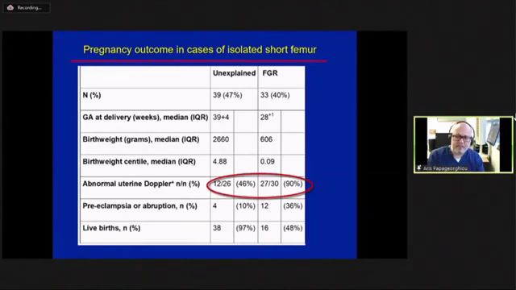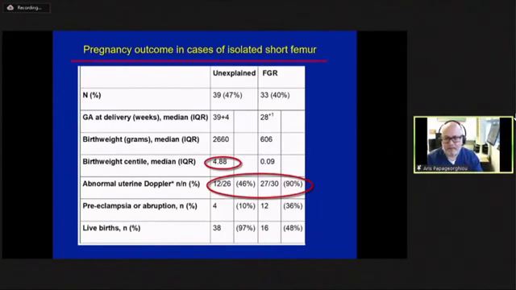So you've seen a baby, the limbs are short. If the uterine arteries are very abnormal, then growth restriction is high on your list of differential diagnosis. If the uterine Dopplers are very normal, then it is very unlikely that this is a placental problem, and you need to think more again about your skeletal problems.